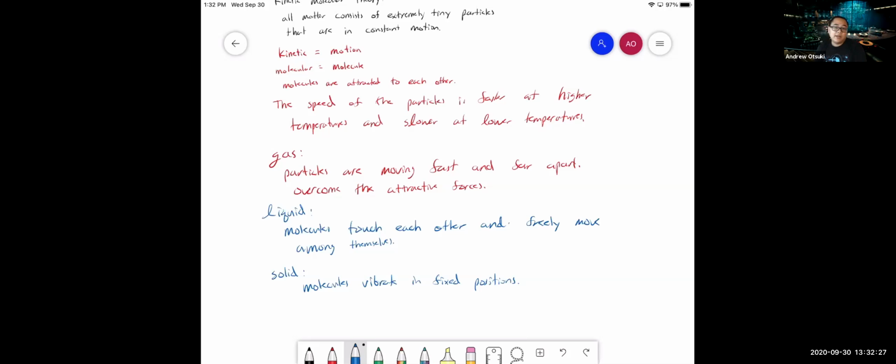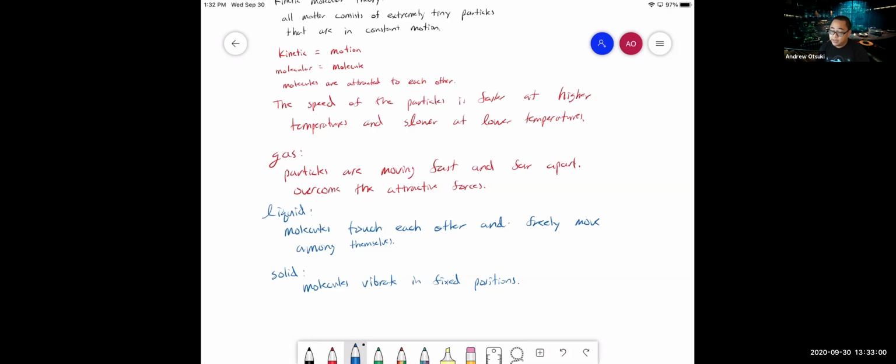Liquids conform to the shape of their container and have a variable volume, whereas solids don't take the shape of their container and have their own fixed volume. That's related to the fixed positions solids have, because they're not freely moving amongst themselves.